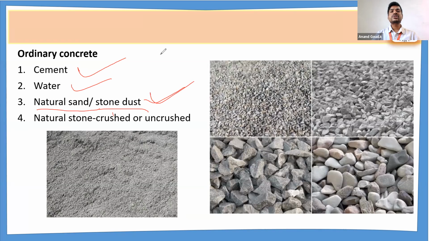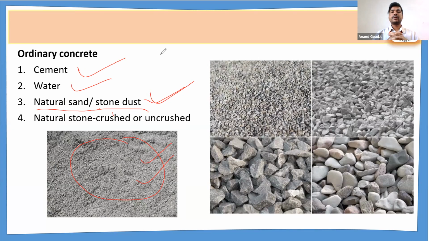So what do you mean by stone dust here? Stone dust is nothing but this, this is the stone dust. Here in this picture you can observe. I think nowadays you are observing this particular stone dust also in the construction. Instead of sand, they are using this particular material. So what is that stone dust? From where are you going to get it?